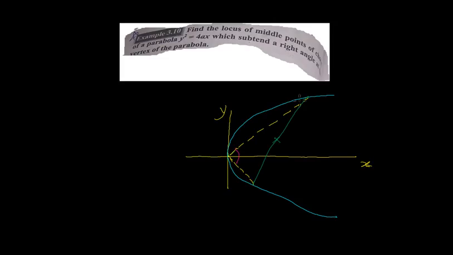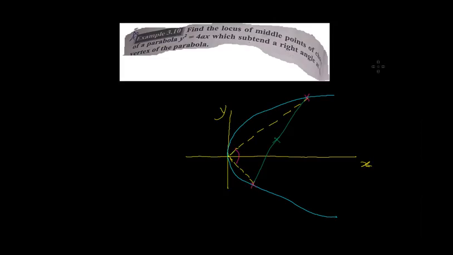Now for any line or for any chord, we generally take a parametrized value on the parabola. So what is the parametric form of a coordinate on the parabola?